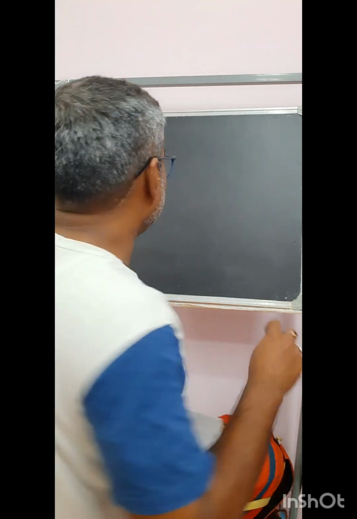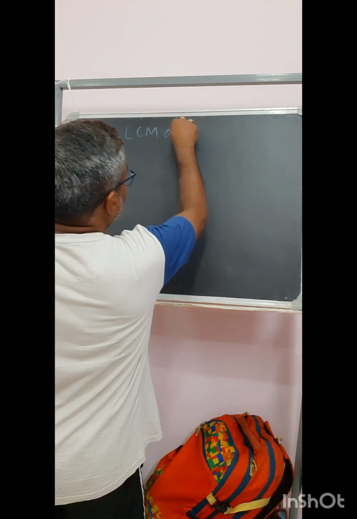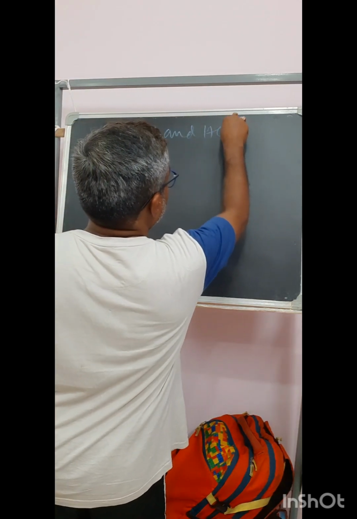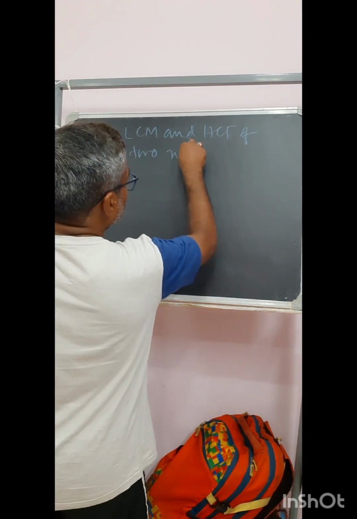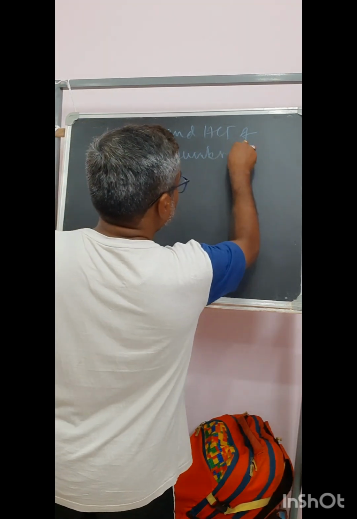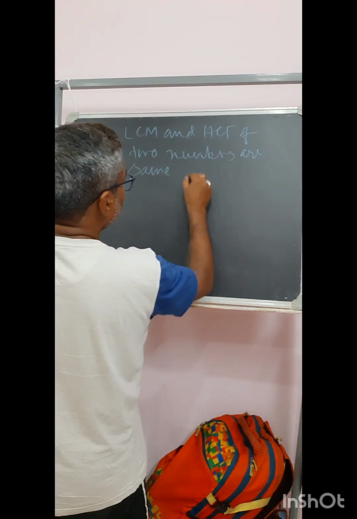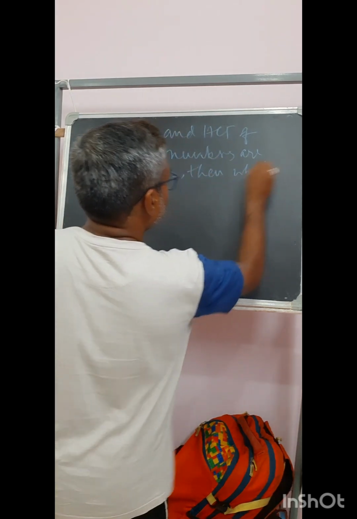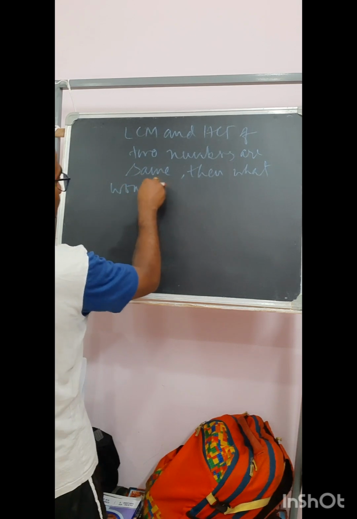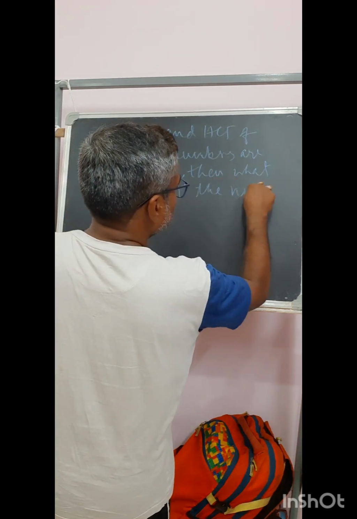Okay, so as I was discussing the problem, this may arise: if LCM and HCF of two numbers are the same, then what would be the numbers?